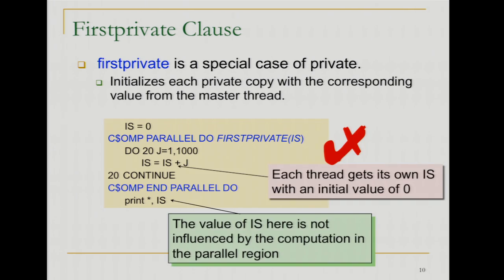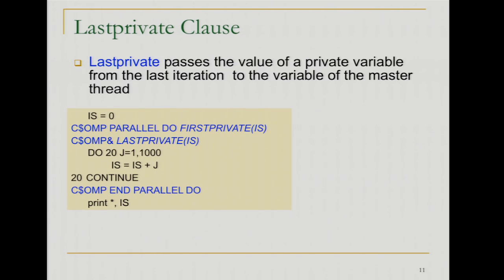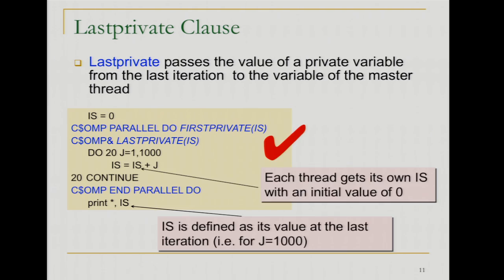If we were trying to print out something that was a result of that parallel region at the bottom, we still don't have that, because this IS after the end of the parallel region is still not associated in any way with the different copies of IS inside the parallel region. Again, this is complete nonsense code, so don't try to get any particular meaning from it.